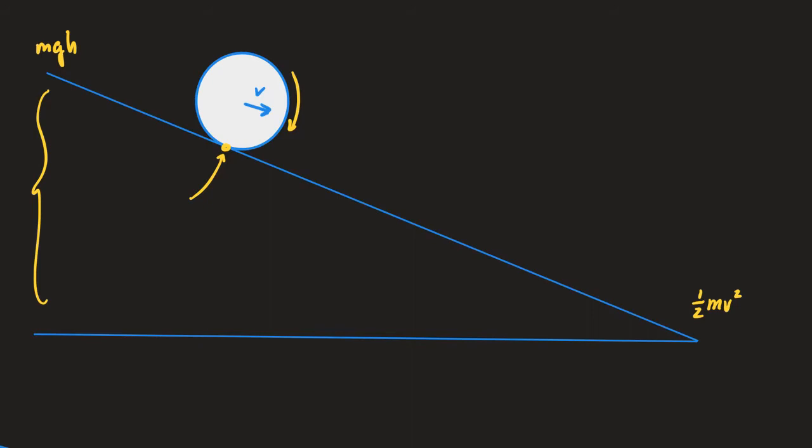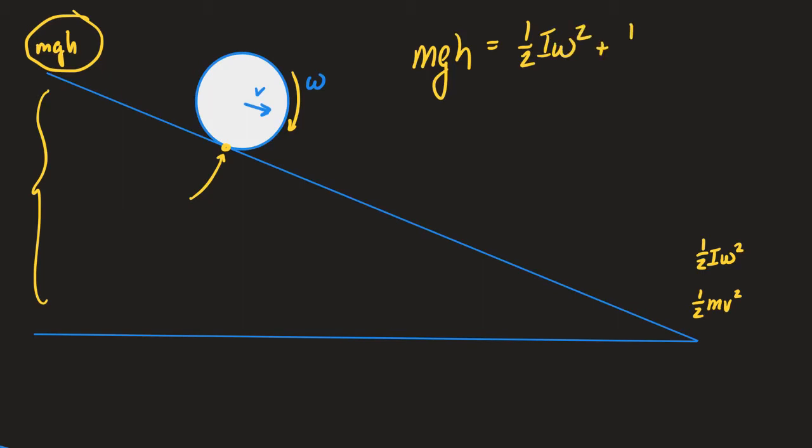But it's also going to have an angular velocity, so it will have 1/2 I omega squared. Now look, there's a finite amount of energy, mgh, at the top that now has to be spread out into two different types of kinetic energy when it makes it down here.